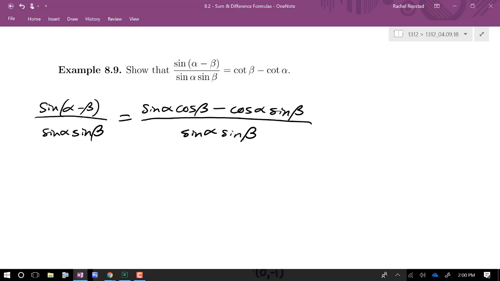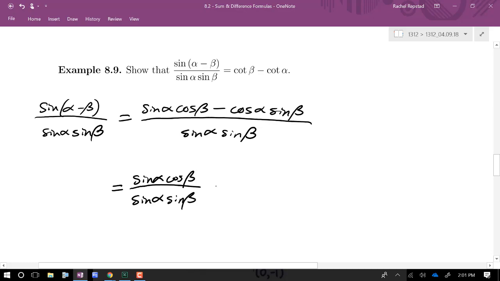What's one thing we're allowed to do here? And don't say cancel over addition, because we all know we can't do that. You could break it into two fractions. Yep, we could break it into two fractions. So we got sine alpha cosine beta over sine alpha sine beta minus cosine alpha sine beta over sine alpha sine beta.